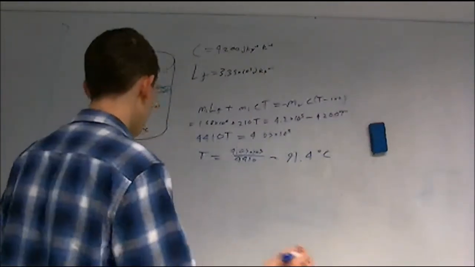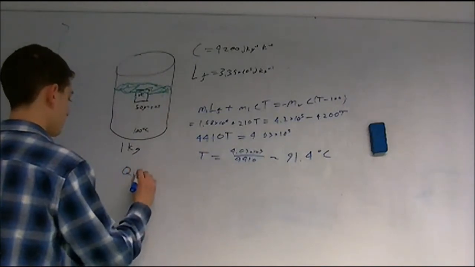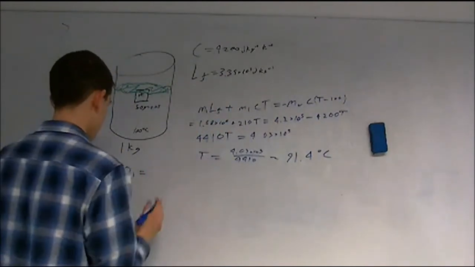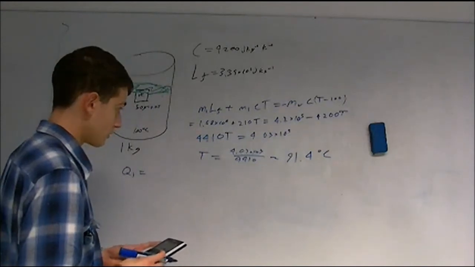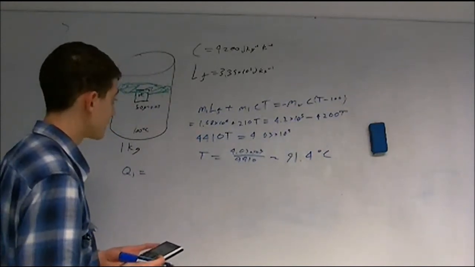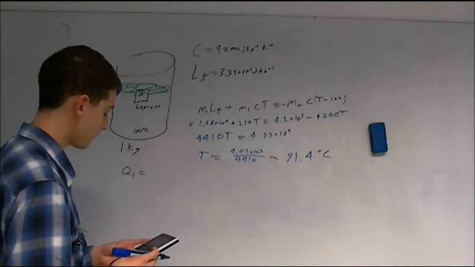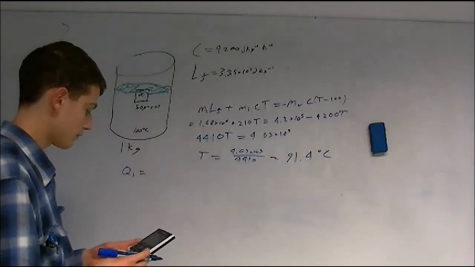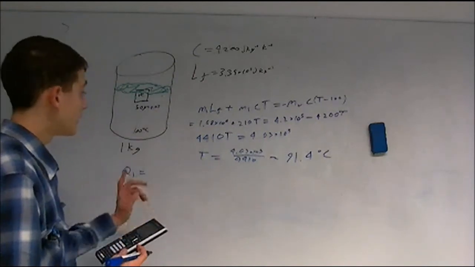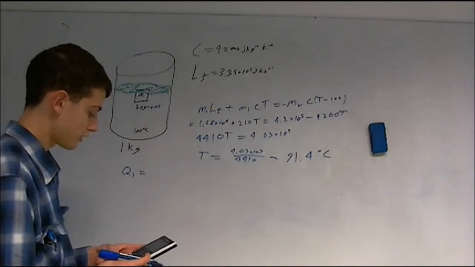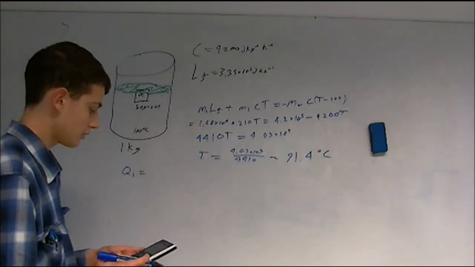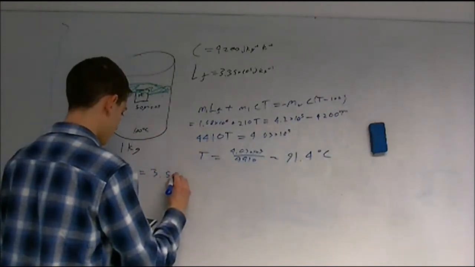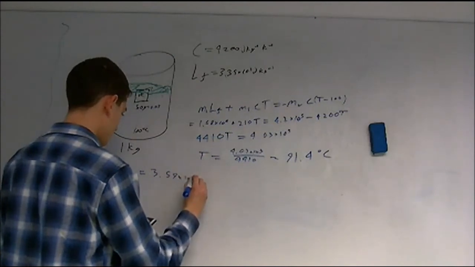Now let's work that out to see if that's true. So Qi is equal to 0.05 times 3.35 E5 plus 0.05 times 4200 times 91.4, which is 3.59 times 10 to the 4.